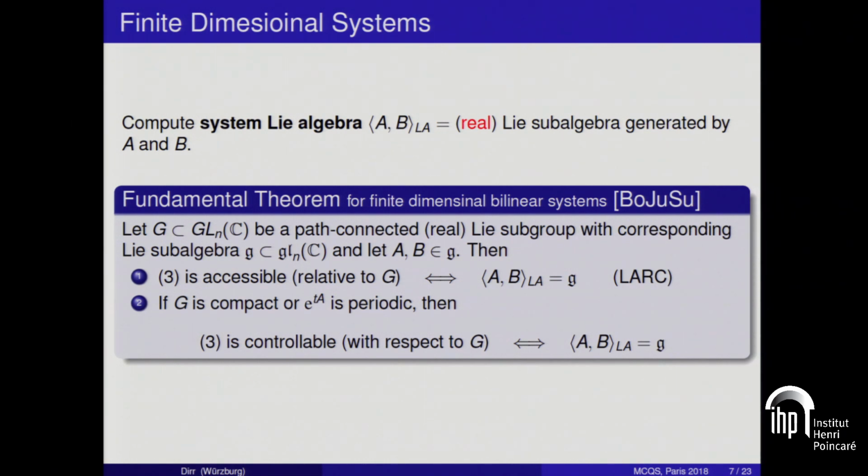If you're working with SU(N) matrices, you know the group is compact, so all you have to do is compute the Lie algebra generated by your drift term and the controls, and if the Lie algebra rank condition is satisfied, so if you end up with the entire Lie subalgebra su(N), you know that the system on the group level is controllable. So maybe in your language, operator controllable.